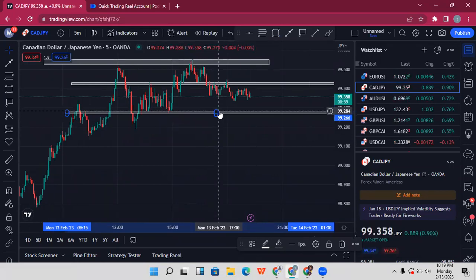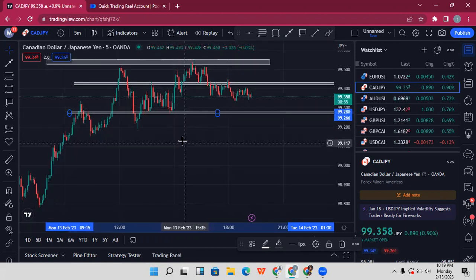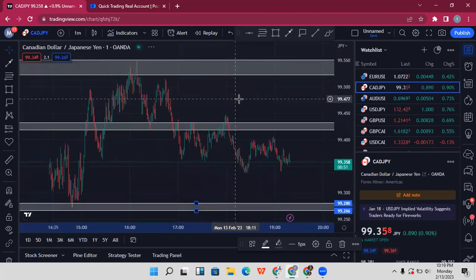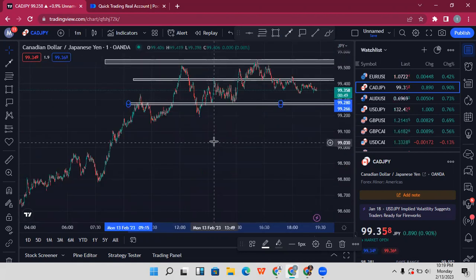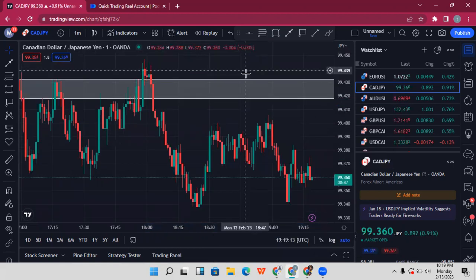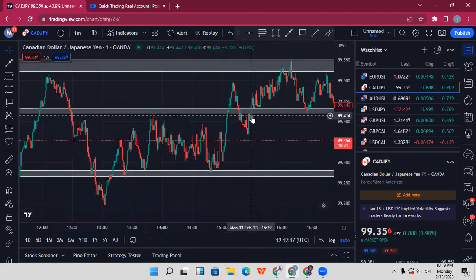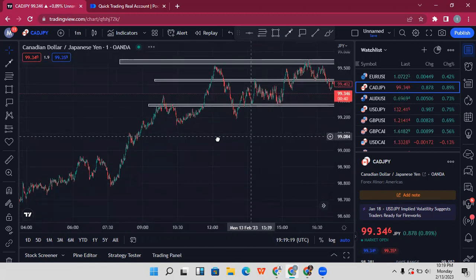Let's look at the double tops and the double bottoms. Clearly for me, if you go down into the 1 minute time frame, you can see these things forming. Take a look at the double tops and the double bottoms.